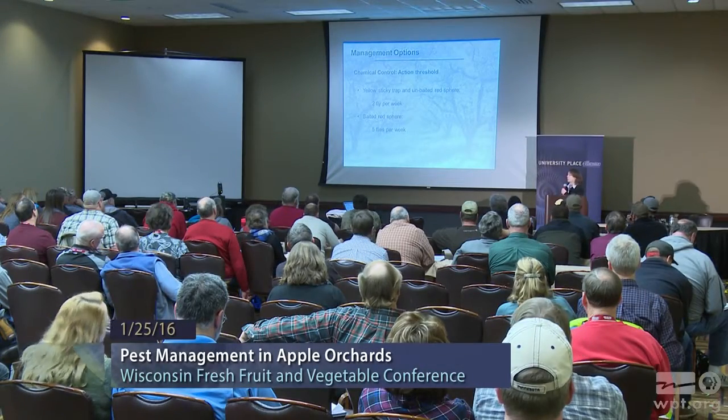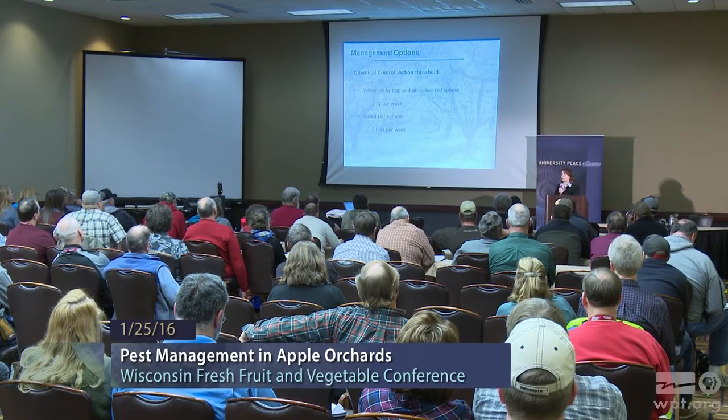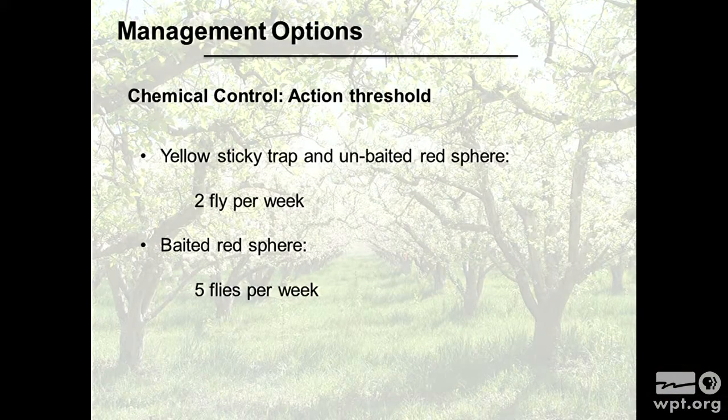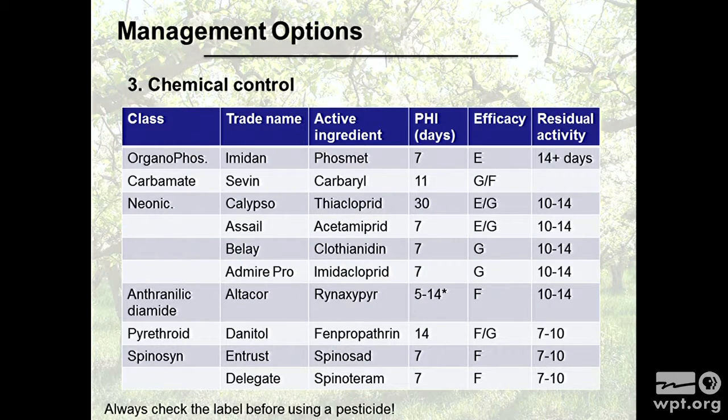And then for chemical control, there are action thresholds that are different. If you use the yellow sticky card or the unbaited red sphere, then you would go with about 2 flies per week before you start applying an insecticide. And for the baited red sphere, because they're more sensitive, you can go up to 5 flies per week before you apply an insecticide. And here is just a list of insecticides.